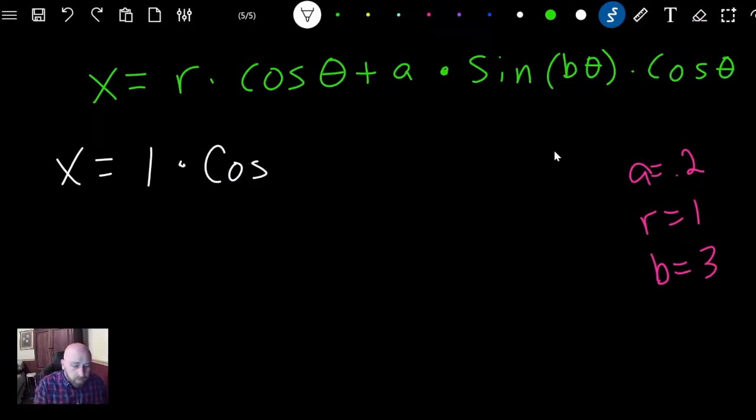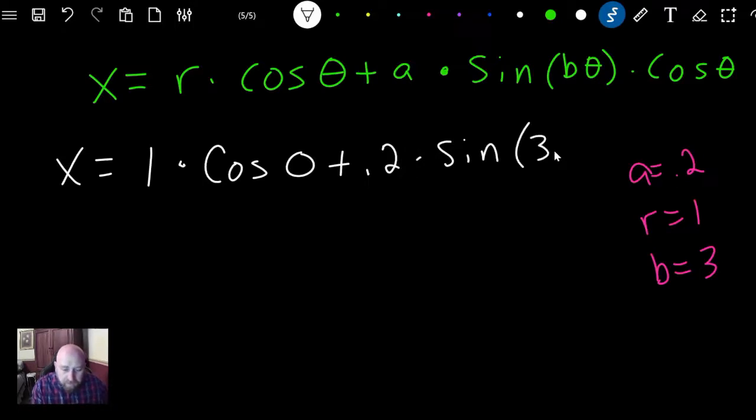So we're going to do cosine of 0 plus our a, 0.2, times the sine of b theta, so b is 3 times 0. That one's going to be easy for this first one, times the cosine of theta, or 0, sorry.